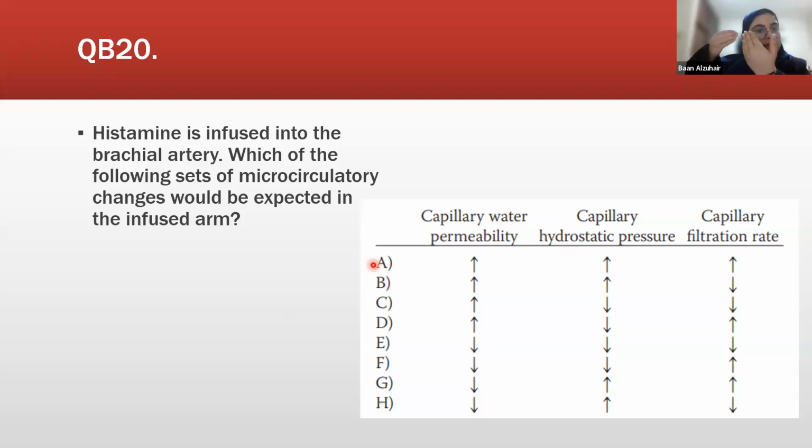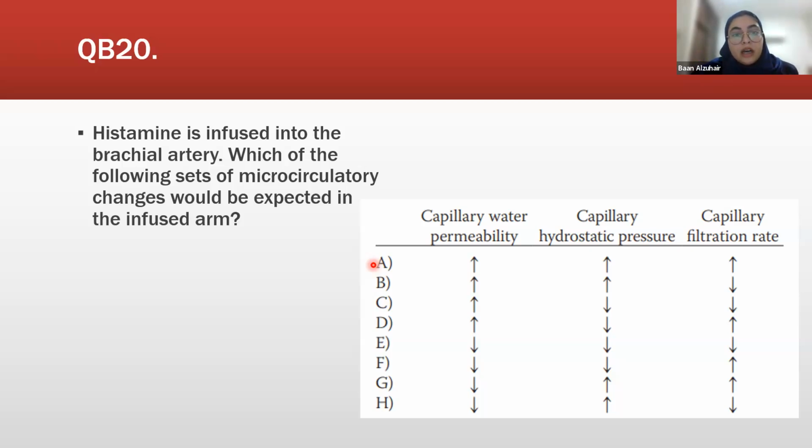So filtration means fluid out of the capillary. If you vasodilate and you increase capillary water permeability, that means you're going to increase filtration rate. So capillary water permeability and capillary filtration rate are going to be high. Which options have that high? You have A and D. So B and C are excluded. Okay. What about capillary hydrostatic pressure?